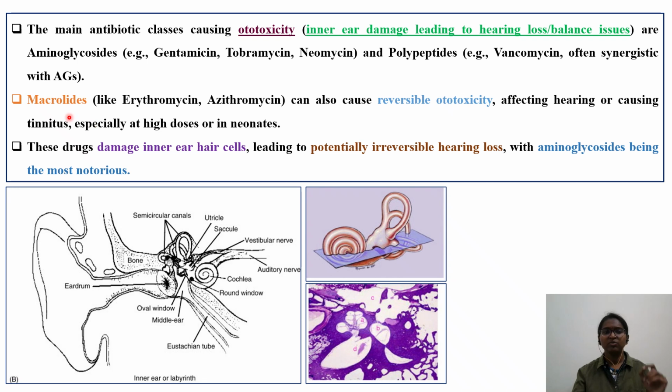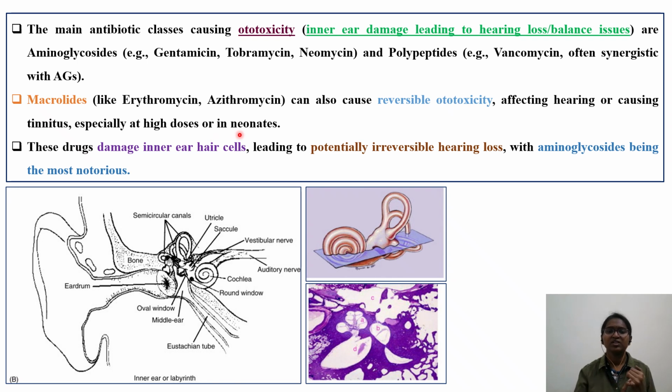Coming to macrolides, we have erythromycin and azithromycin. These are the two macrolide antibiotics that cause reversible ototoxicity, affecting hearing or causing tinnitus, especially at high doses or in neonates.